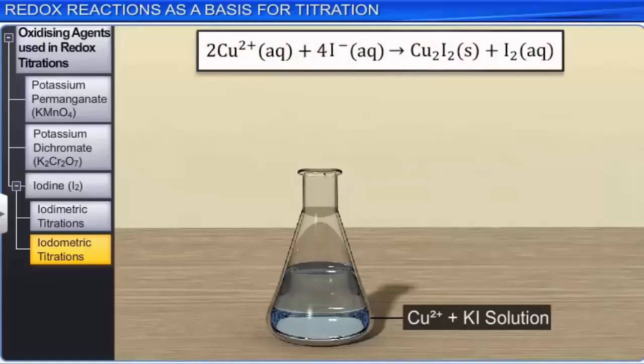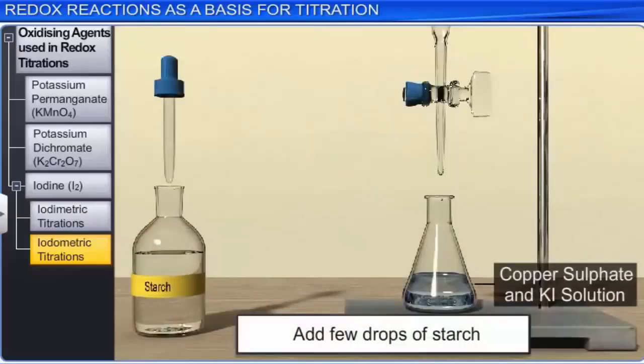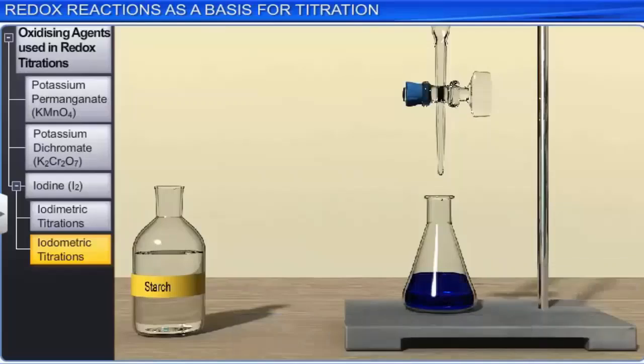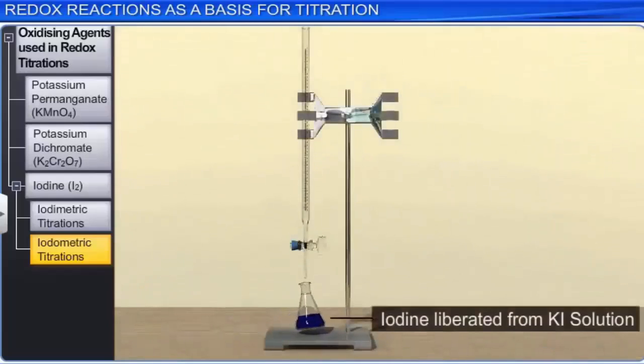Iodometric titrations, on the other hand, involve the addition of an oxidizing agent to excess iodide ions to produce iodine, which is then titrated with standard thiosulfate solution. For example, in the estimation of Cu+2 ions, iodine is liberated by oxidizing iodide ions from potassium iodide. An intense blue color develops when starch solution is added to the liberated iodine. This solution is titrated against sodium thiosulfate solution.